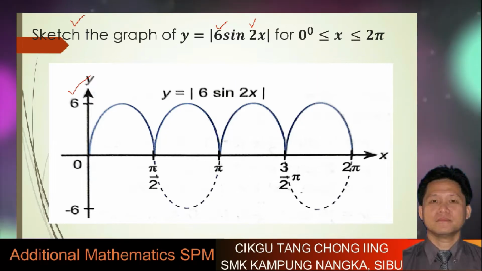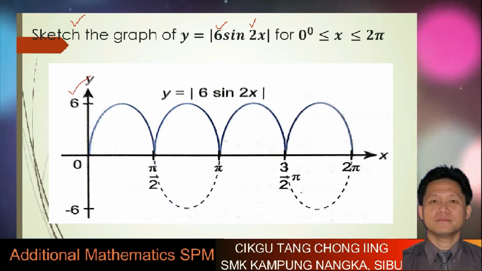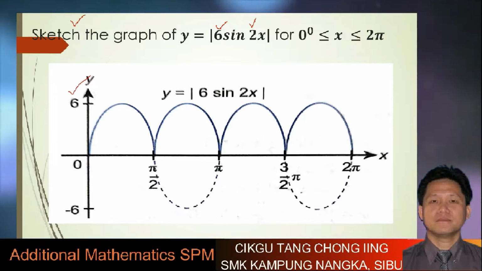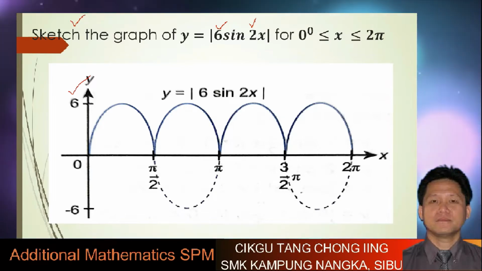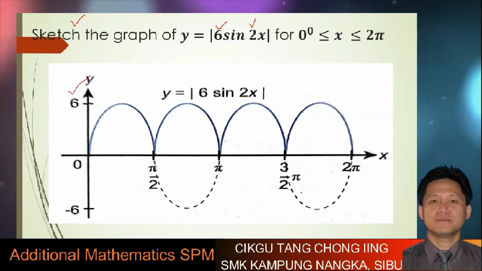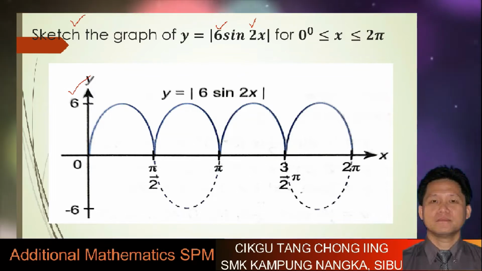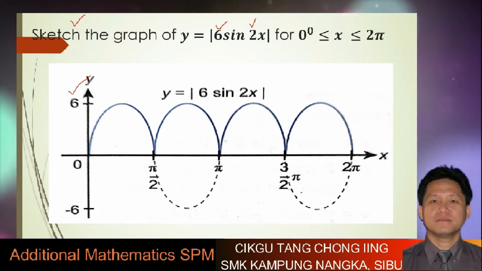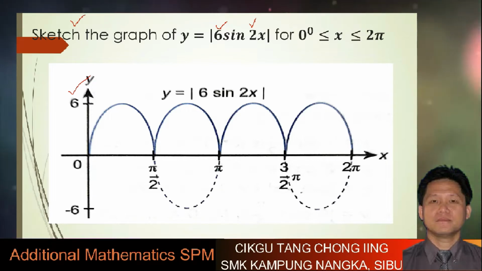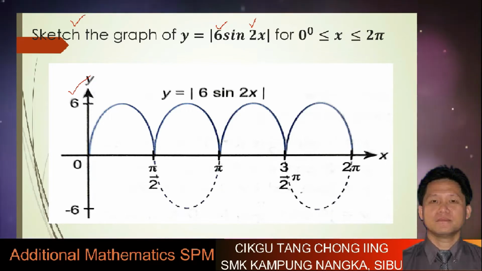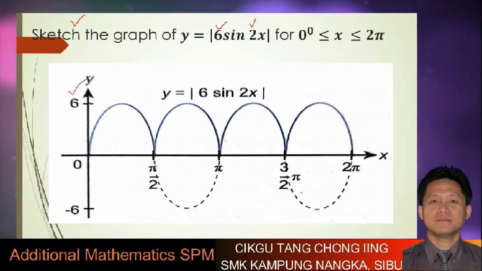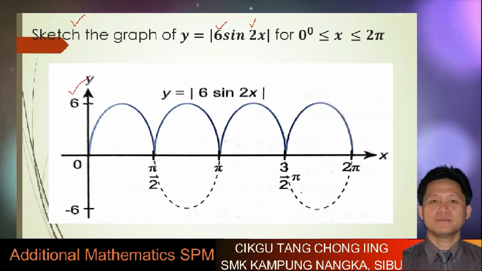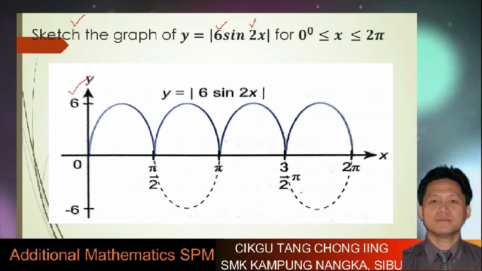So modulus means all the negative part now becomes positive, right? So it is like being reflected on the x-axis also. It comes out like that. That is the graph of y equals the modulus of 6 sine 2x.